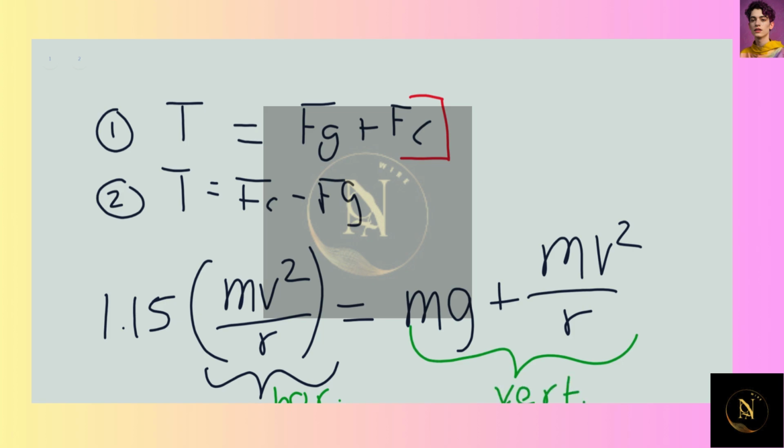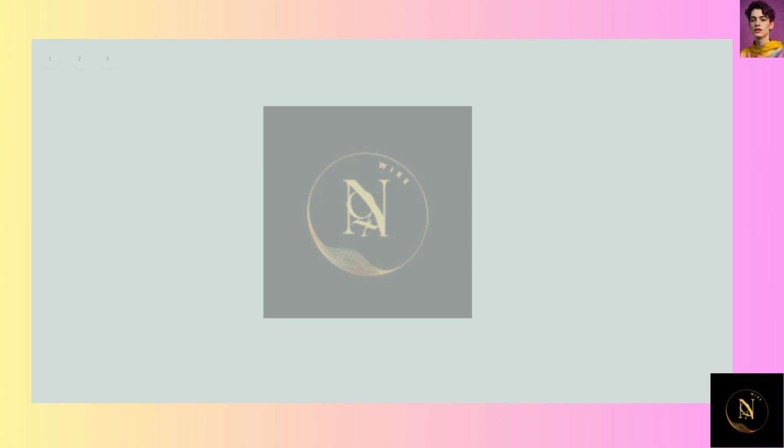So now we can begin solving for our problem by simplifying and then plugging in the quantities that we know. All right, so we can cross out our m's to get that 1.15 v squared over r equals g plus v squared over r. Now we want to solve for g in this case.